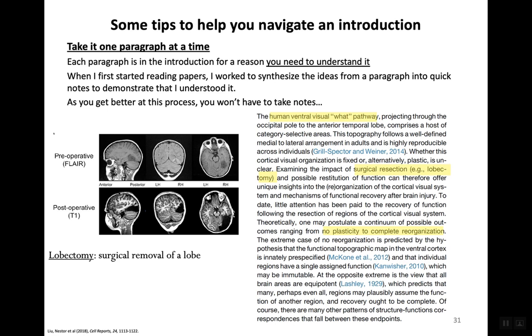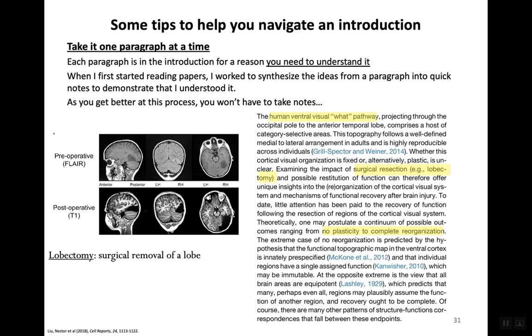You can contrast the shape of the brain and the structural integrity of the brain pre-operatively and post-operatively. You can see that after the surgery, there's a huge chunk of occipital temporal lobe missing. Okay, so this is important because lobectomy is one key term that we need to understand before moving further.